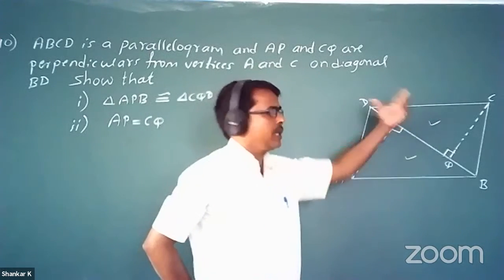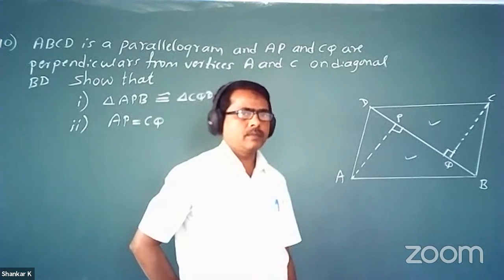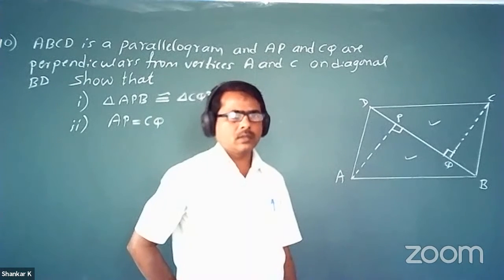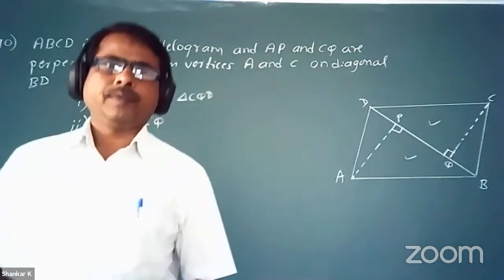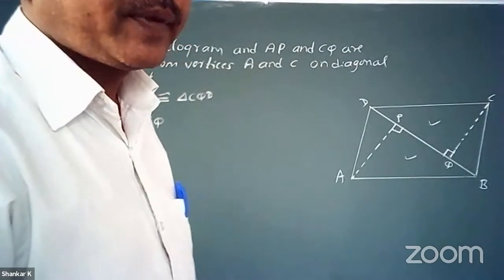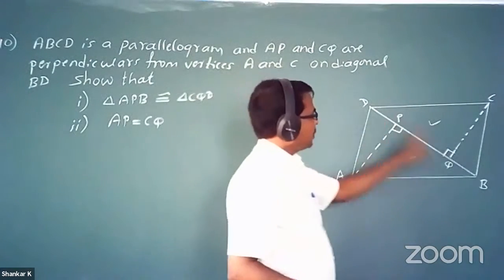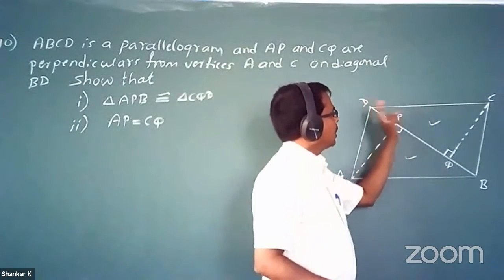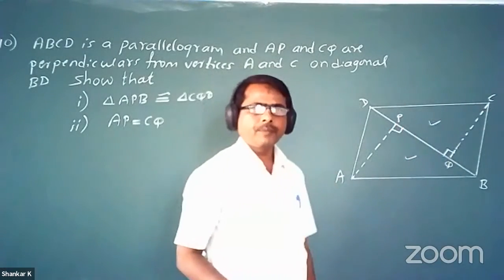AB equal to CD or not? AB equal to CD. Is it true or not? Why? In triangle APB and CQD, AB equal to CD. Why?